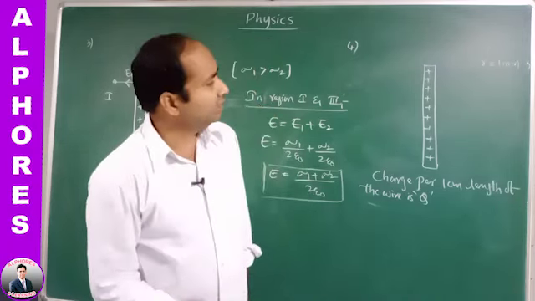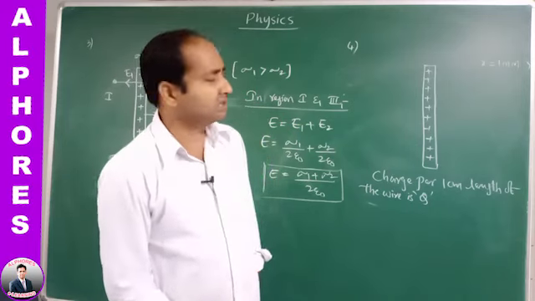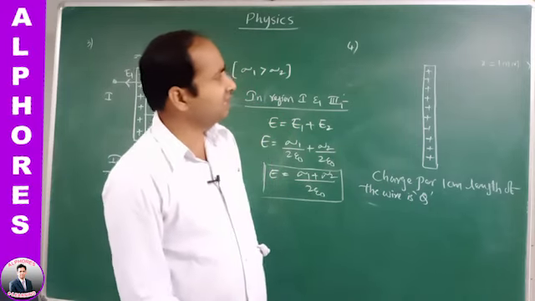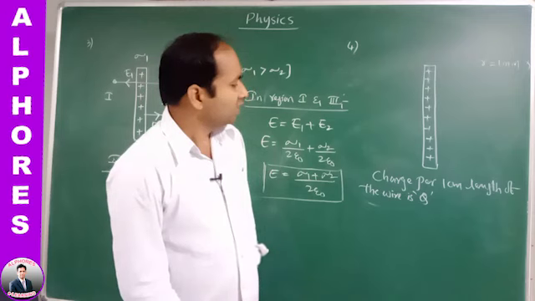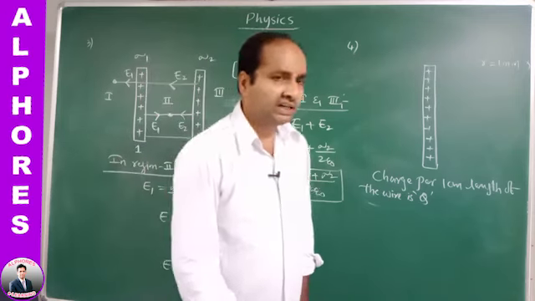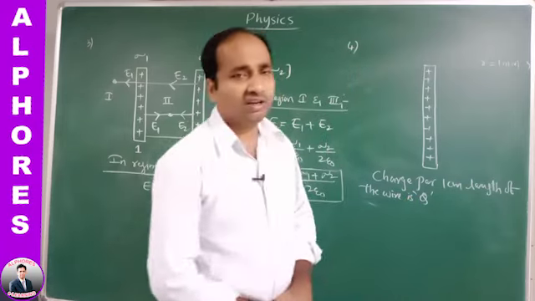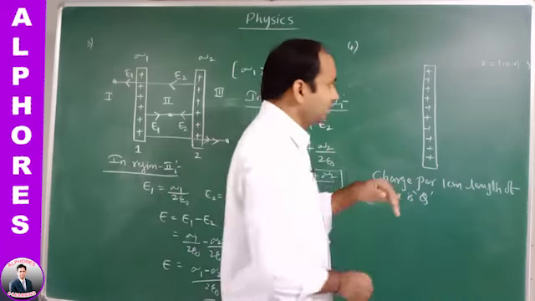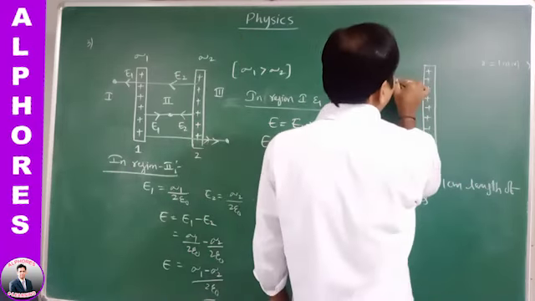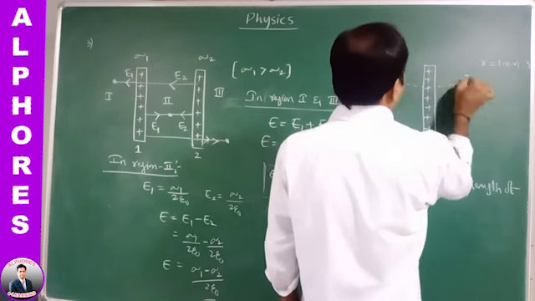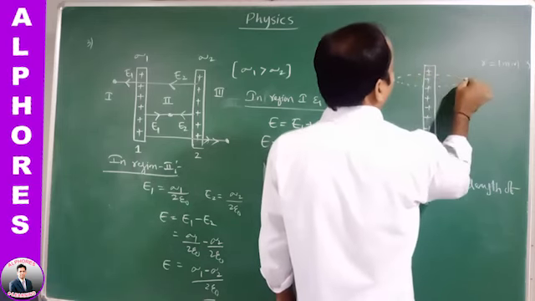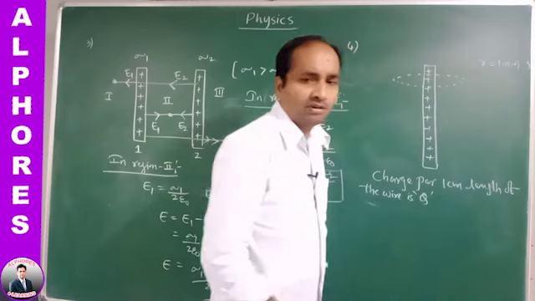Okay, here this is a uniformly charged long wire of radius 1 millimeter, and what is given indirectly is that the charge per 1 centimeter length of the wire is Q. And there is a cylindrical surface, let us take this is a cylinder of radius 50 centimeters.